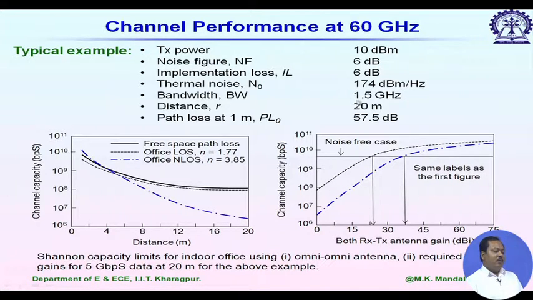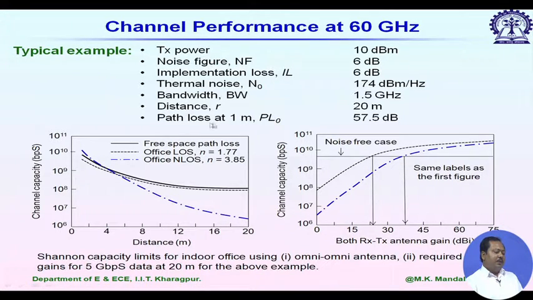Bandwidth of the system is 1.5 gigahertz, and the distance between the transmit and receive antennas is 20 meter. The path loss at 1 meter, which is PL naught, if I put the values at 60 gigahertz and consider n equal to 2 in that expression of path loss, comes to 57.5 dB.